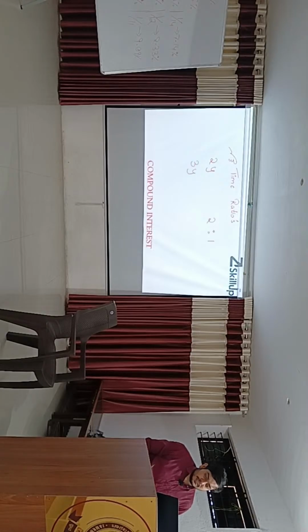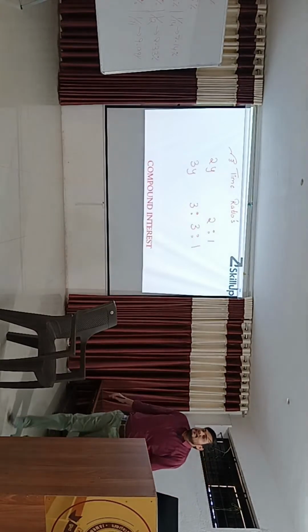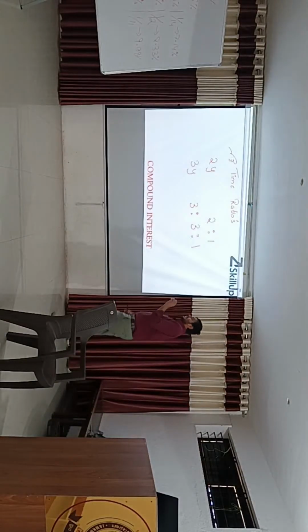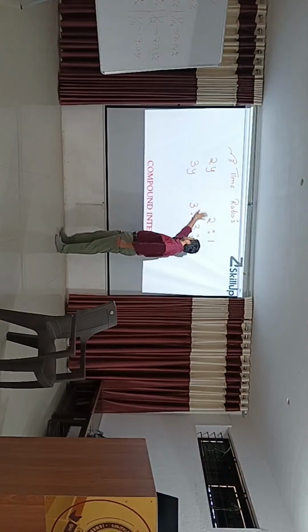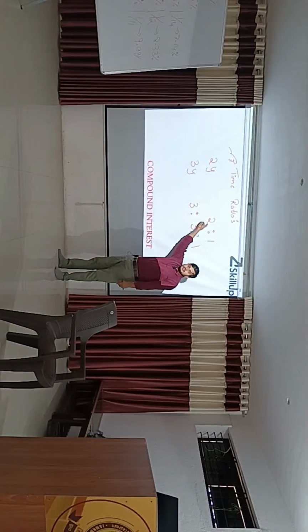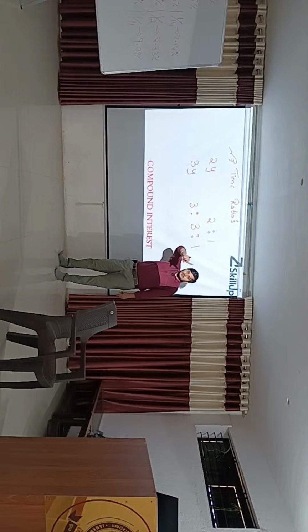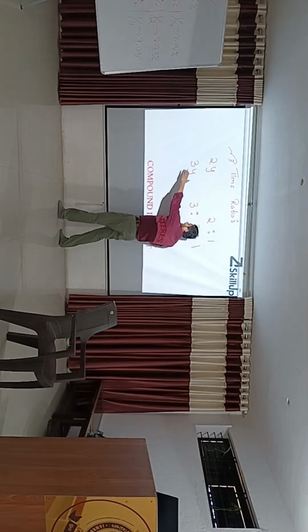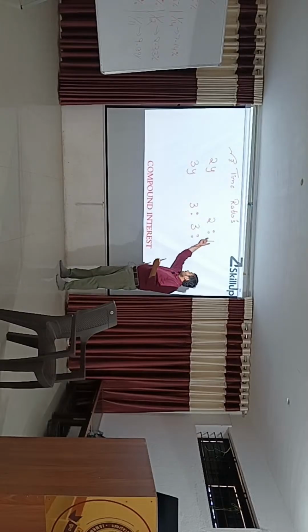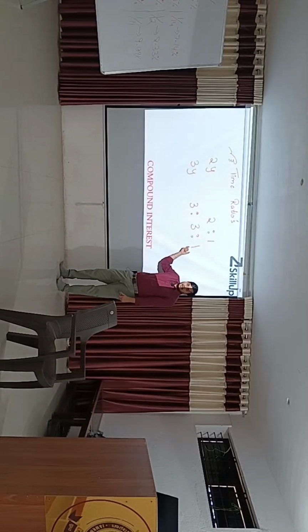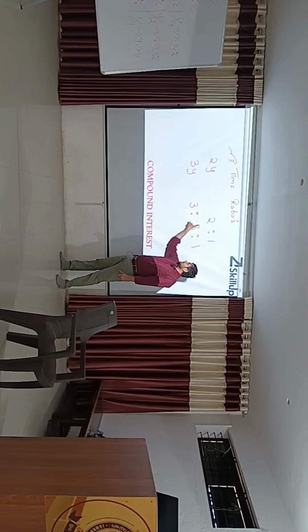If 3 years is given, 3:1. How will I write this? Listen here. If I have 2 years, first value I write is 2. Then what is the next number? Descending, 1. For 3 years, 3 as it is, but last number is 1. 1 plus 2 is 3.